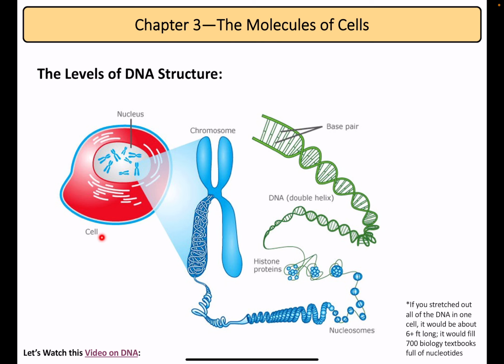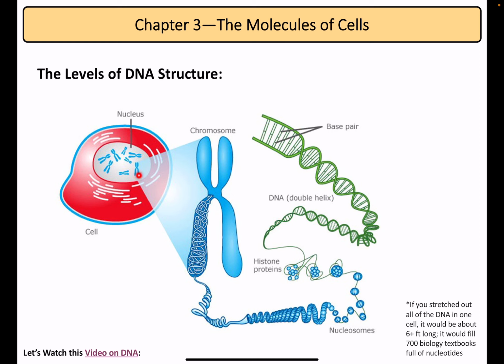Here's just another visual illustration of these structural levels of DNA. Little recap. All of this together would be the genome. If you were to take into account the DNA plus the proteins that they're wound upon here, that would be your chromatin.